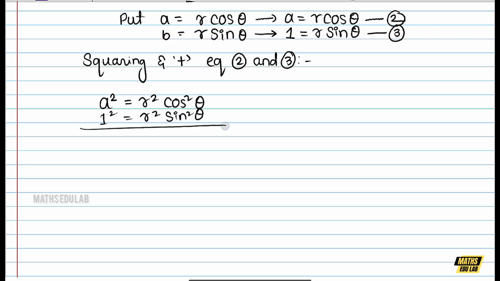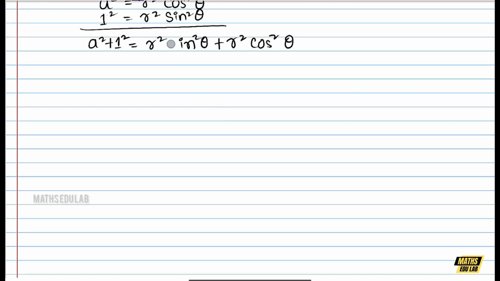On adding we get a square plus 1 square equals r square sin square theta plus r square cos square theta. This is our cos square theta and this will be sin square theta. Then let's take r square as common.